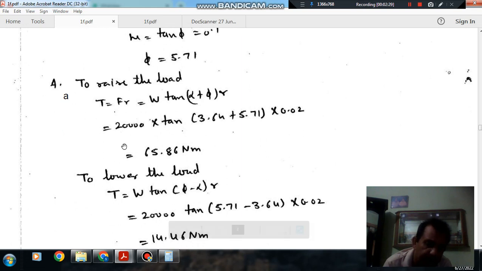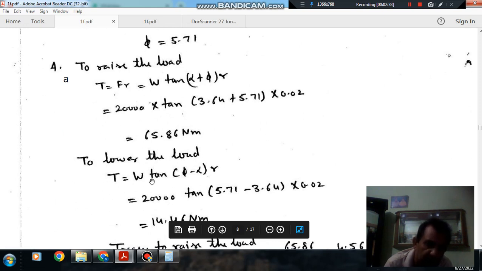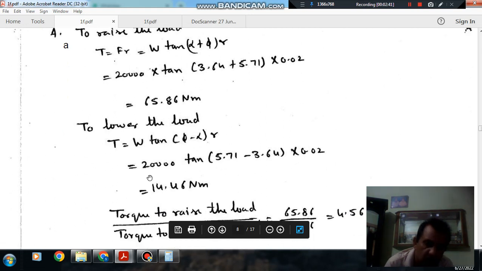To lower the load, phi will come first and alpha will come after. The torque required to lower the load is W tangent phi minus alpha into R, with a minus sign between them.